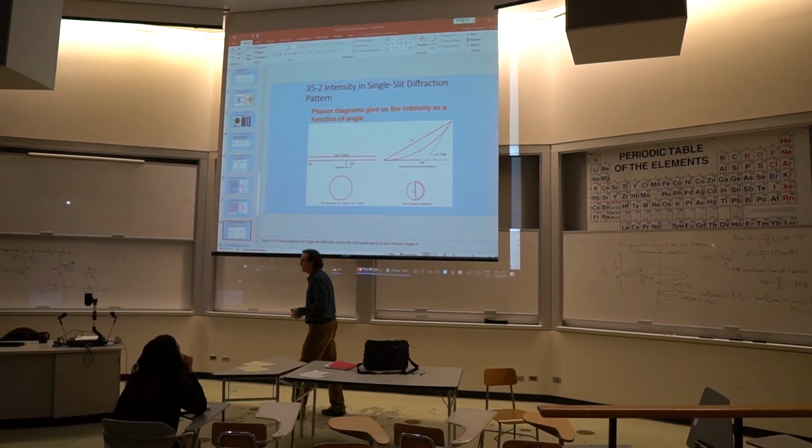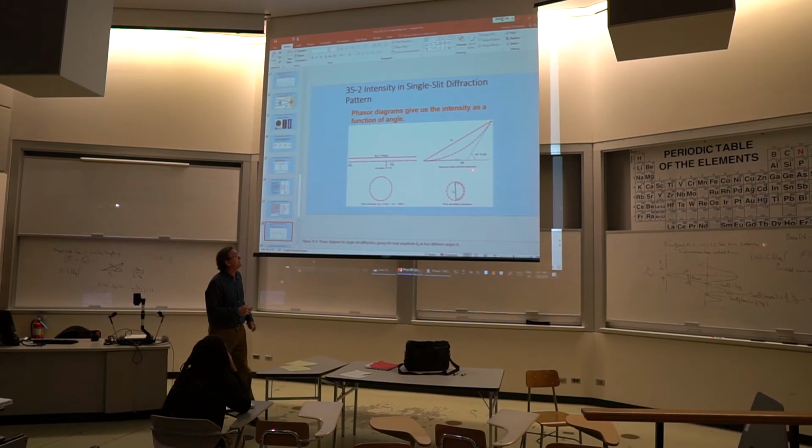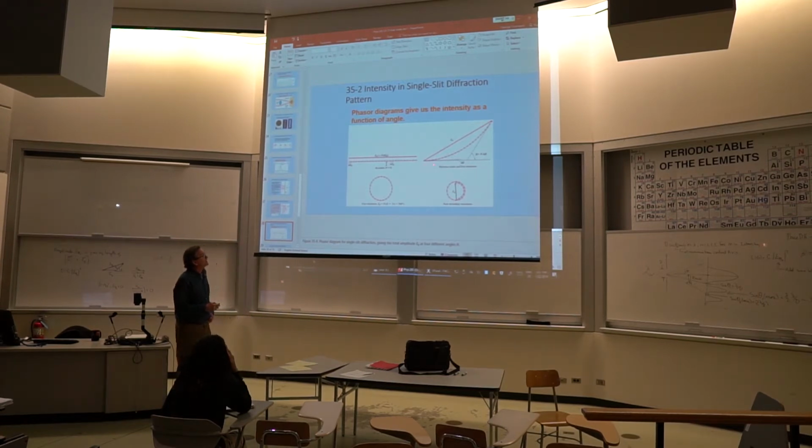Now, notice that if we go off at an angle theta, the contributions from adjacent subslits are phase shifted by an amount delta beta. So every time I add an element of electric field from a subslit, the next one gets added inclined at an angle delta beta, another one delta beta, another one delta beta, and I do this n times because there are n subslits.